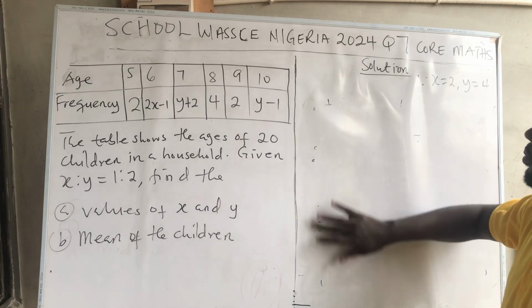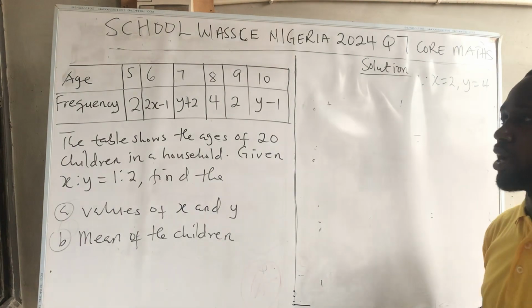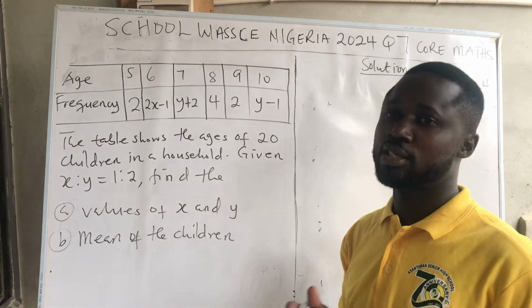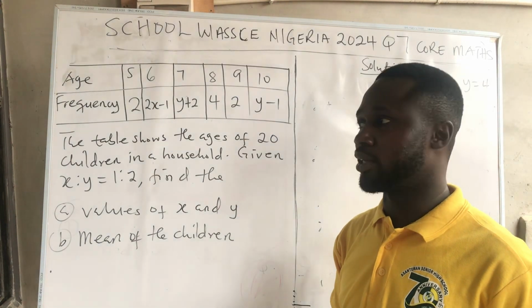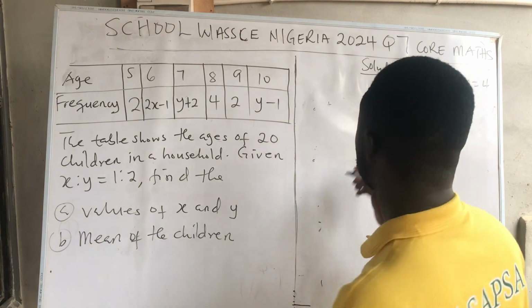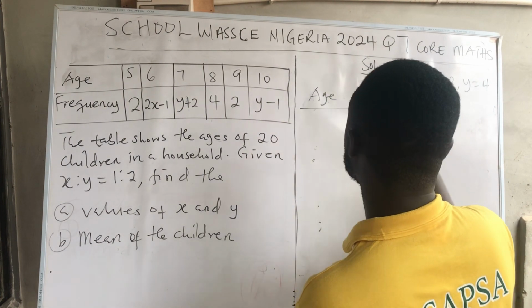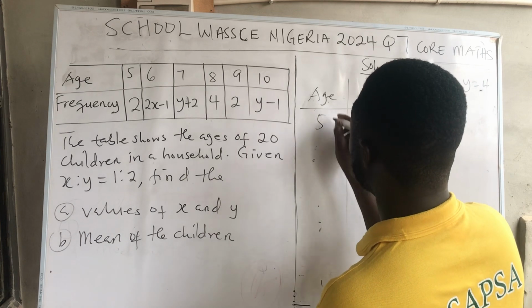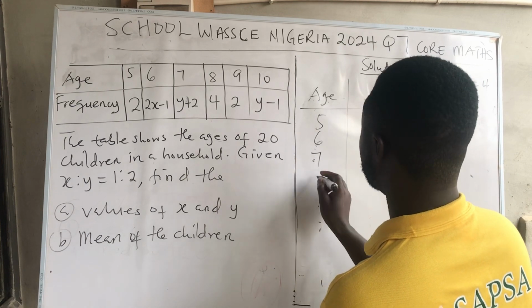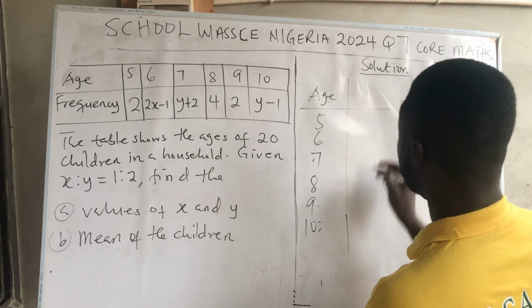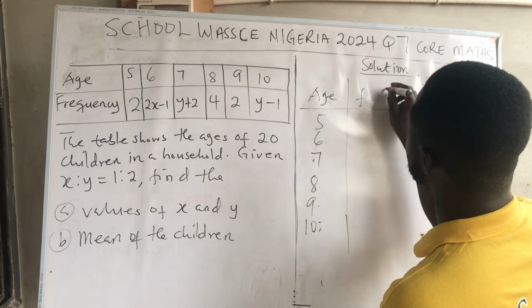Okay, so to calculate for the mean, it means that we are going to draw this table again, substitute the value of x and the value of y so that we can calculate for our mean. So we have our age here. We are going to do the table 5, 6, 7, 8, 9, and 10. And then we have our frequency f here.